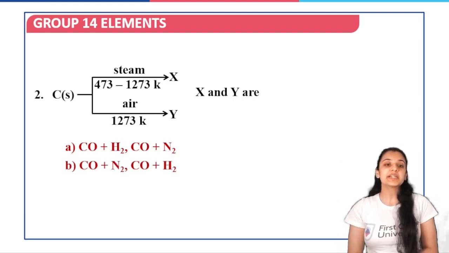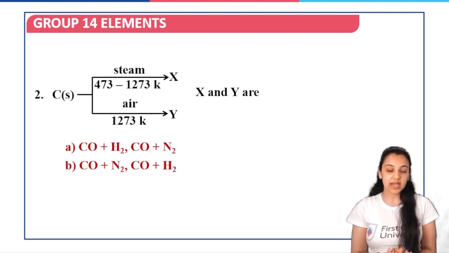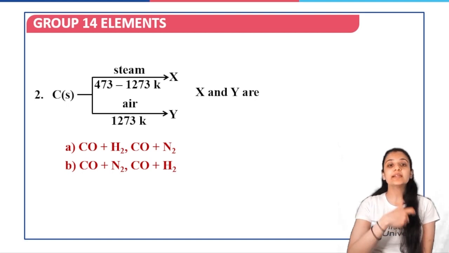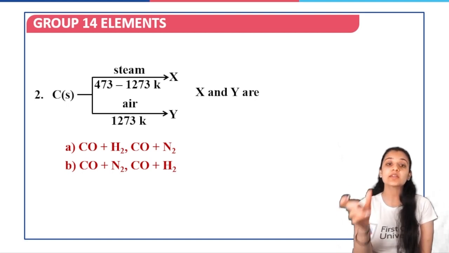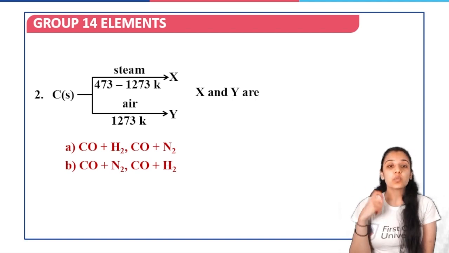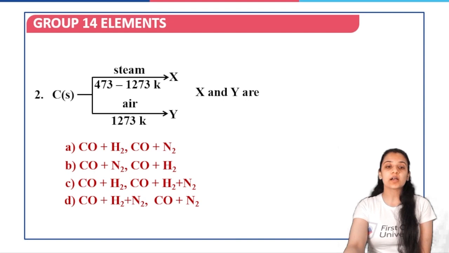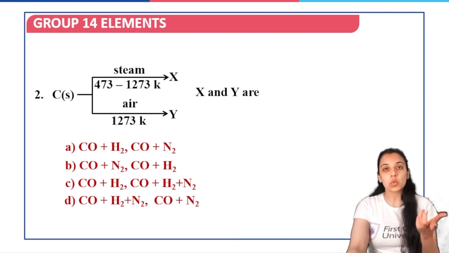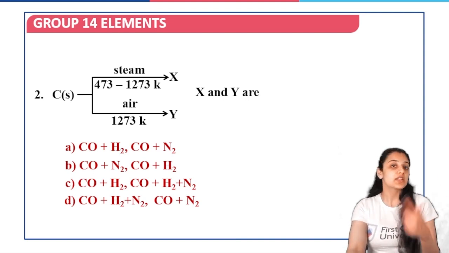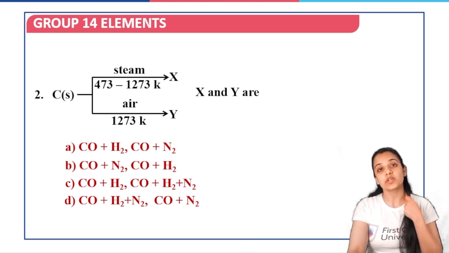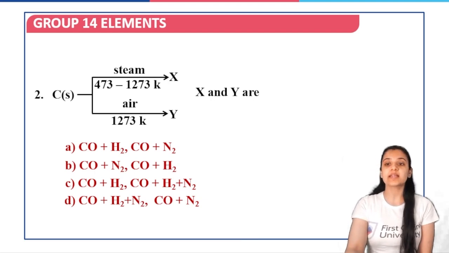So we know that when it is reacted with steam, that is hot boiling water, the products that we get are carbon monoxide, and H2 gas is liberated. So X is water gas, and Y, from the reaction with air, is nothing but producer gas. So now you have to tell me the answer for this. I've already told you, one is water gas, the other is producer gas. This also gives you a revision of what is water gas and what is producer gas. So here option A is going to be the correct answer.